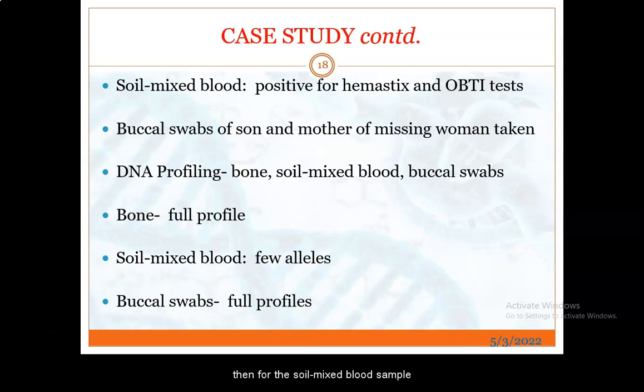Then for the soil mixed blood sample, they got few alleles. It means the sample had undergone some form of degradation and there were allele dropouts. For the buccal swabs or the reference samples, they got full profiles for both the alleged son and the alleged mother of the missing woman.